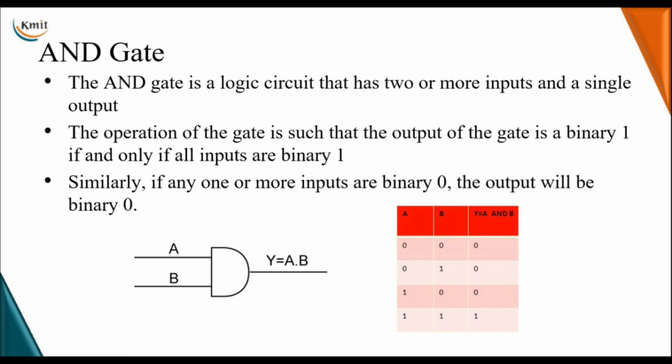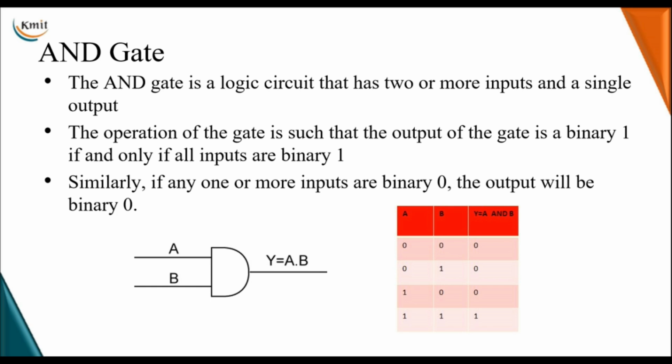Next we will move to the next gate, which is the AND gate. An AND gate is a logical circuit which can have a minimum of 2 inputs up to n inputs, connected to a single output. The operation of the gate is such that the output of the AND gate is binary 1 if and only if all the inputs are binary 1.